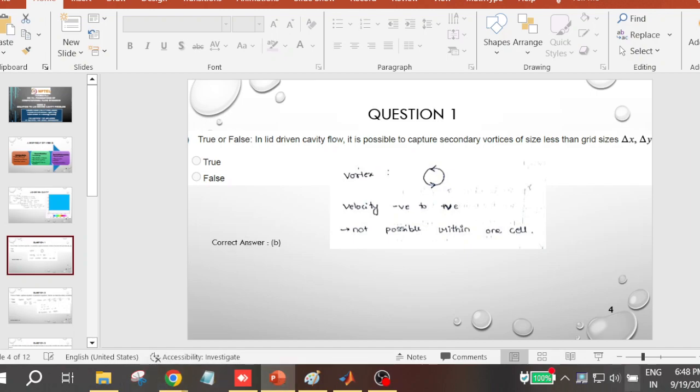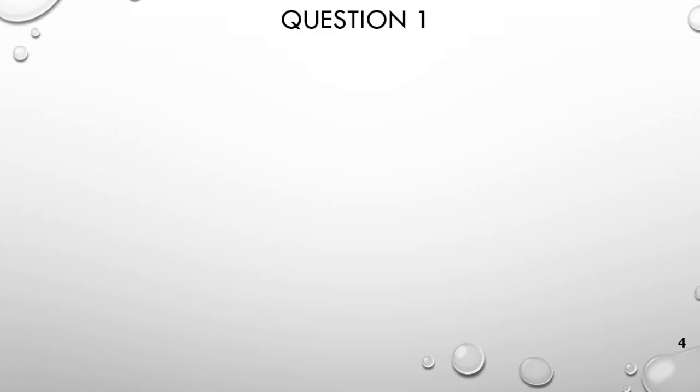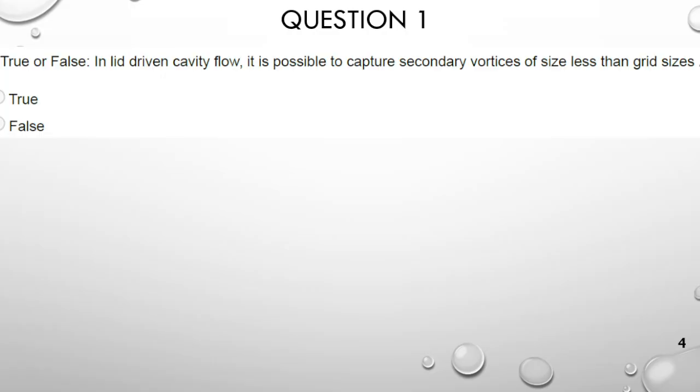Okay, so question number 1 is a true or false question. In a lid driven cavity flow, which we have discussed till now, is it possible to capture secondary vortices of size less than grid size? The secondary vortex means the one from the corner.